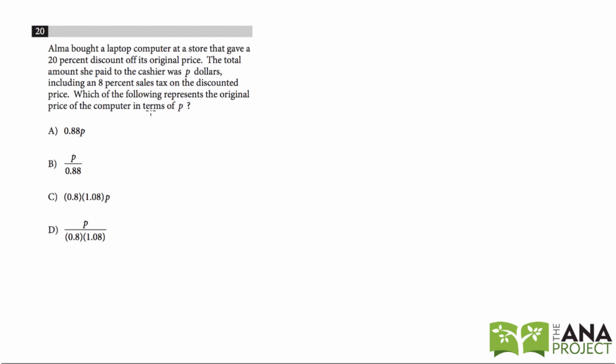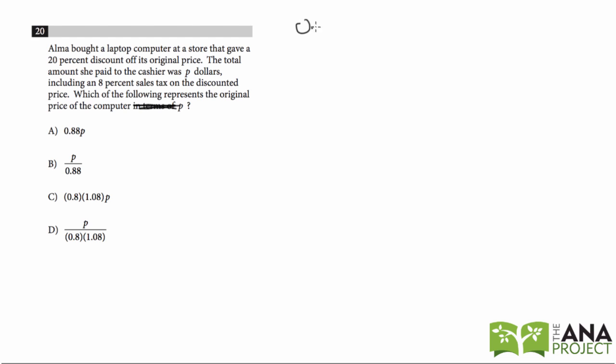So if we're picking numbers and putting them back into the answer choices, we can actually get rid of in terms of P. Also, this is a percent problem. A lot of times I like to use the number 100 as a starting point. So it says Alma bought a laptop at a store that gave a 20% discount off its original price.